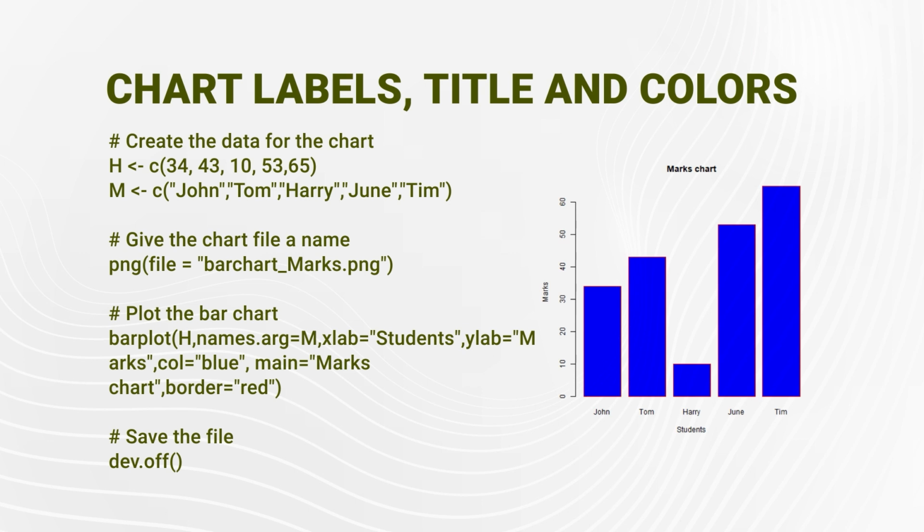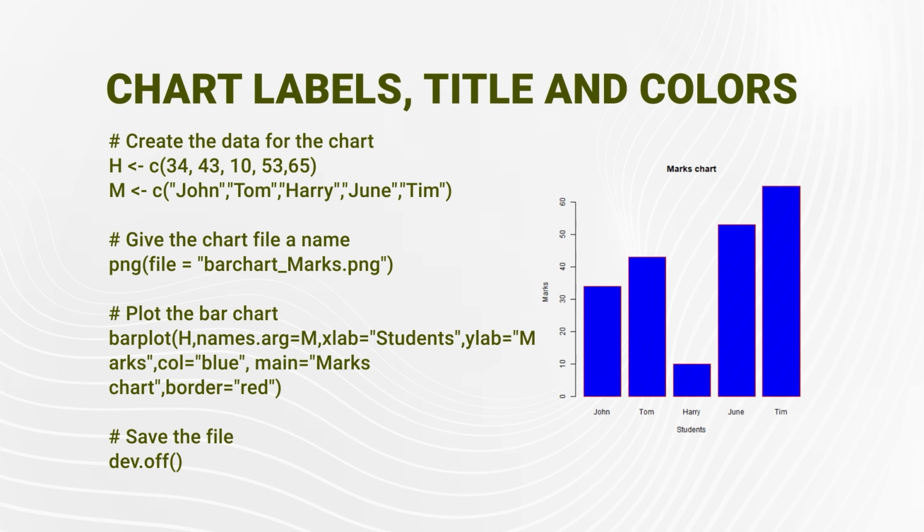Previously we used only one variable, bar plot h, and you do not have to do anything, it just directly draws a plot, but it is only a one-dimensional set. So there are no names or labels given on the y axis. In order to add them, you simply write h comma names. Names means these are the labels, so every bar will denote a particular name. The names here are John, Tom, Harry, June and Tim.